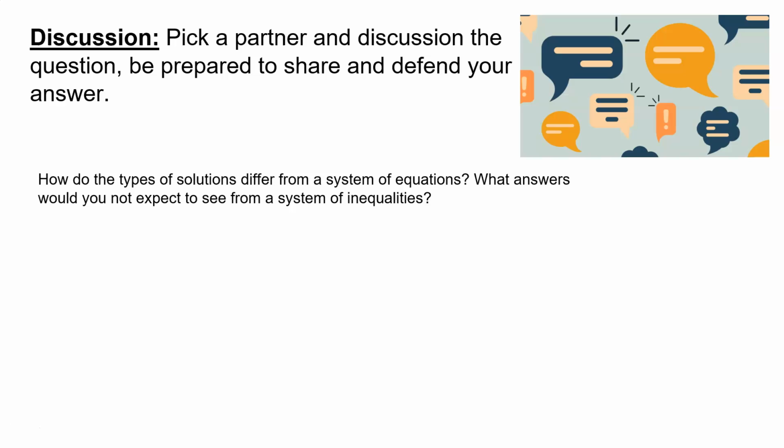So the main difference is that for a system of equations, you have just one solution. Maybe your solution is 5, 7. Your solution is just 1 point for a system of equations. But for a system of inequalities, you have usually many different points.